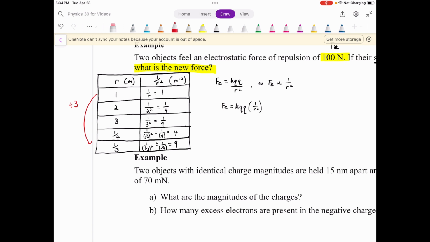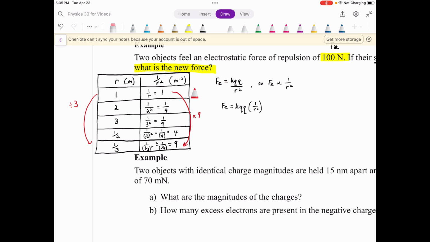Making this 3 times smaller made this 9 times larger. So inverse, whatever happened to this one when it got smaller, this one got larger, and square, because this was divided by 3, this was multiplied by 3 squared, 9. So this is what we mean by an inverse square relationship. Doubling the distance is not going to cut the force in half.